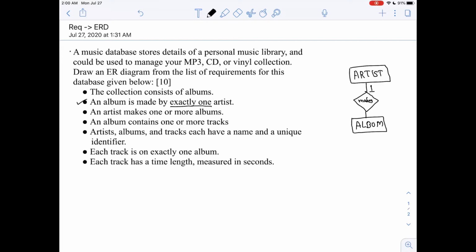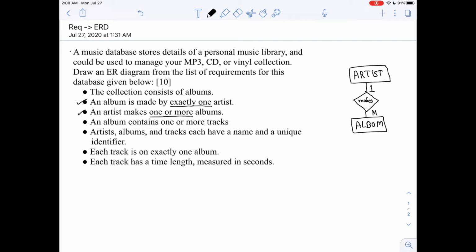Okay, then let me read that an artist makes one or more albums. So an artist can make one or more albums. So that means clearly this must be a one is to m or 1:n relationship. So you could choose to write m here or n here.